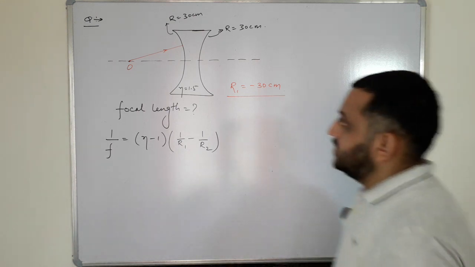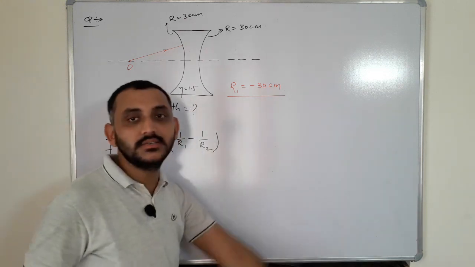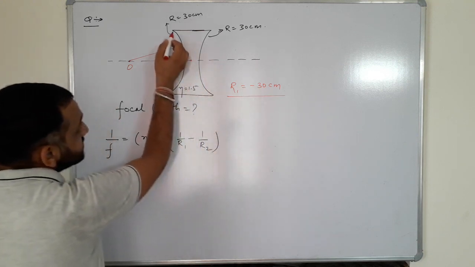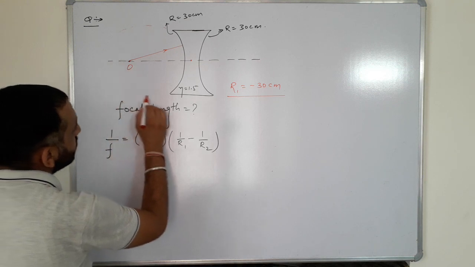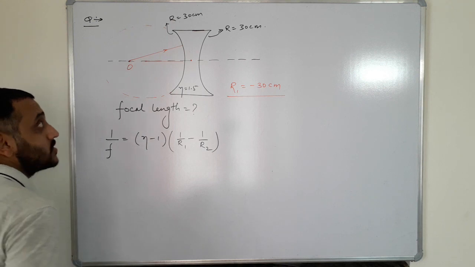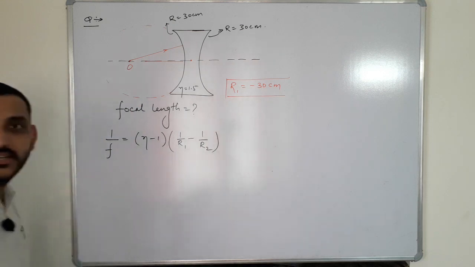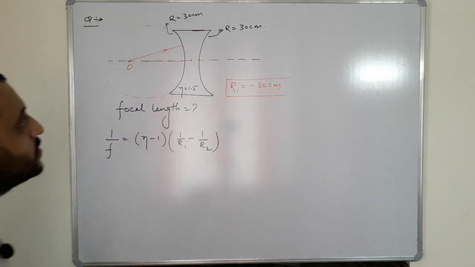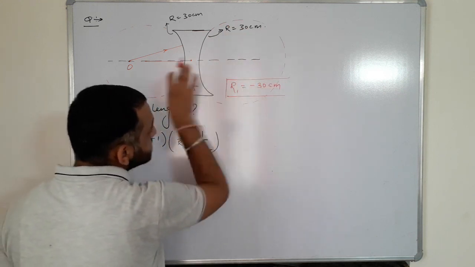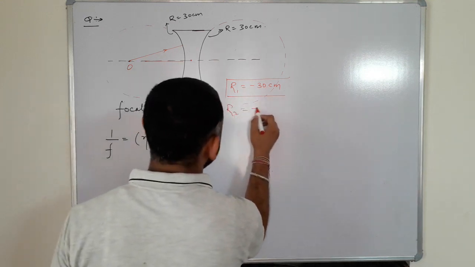The direction in which the incident ray is going should be considered as positive direction. So this is the origin, and its radius of curvature will be somewhere here, so the radius is minus 30. What about R2? The value of R2 will be positive or negative? Yes, it is towards right direction. So the value of R2 will be plus 30 centimeter.